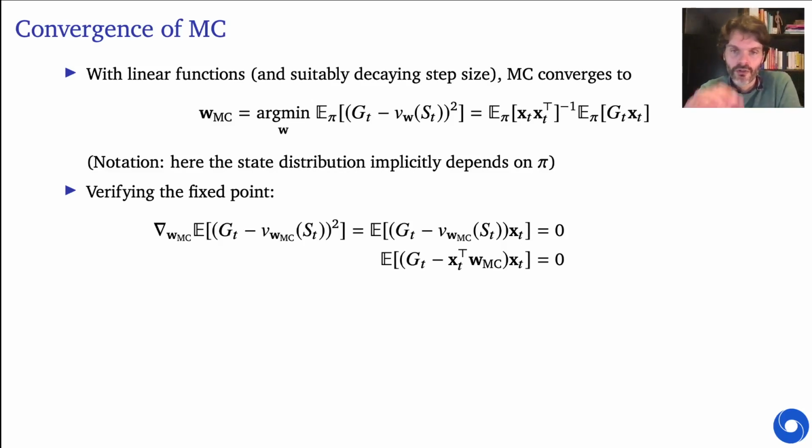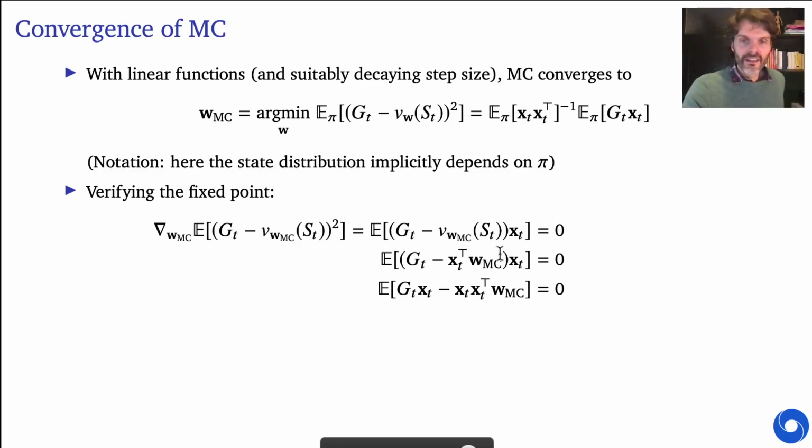So first thing to do is to write out the value estimate explicitly as this linear function that it is. And then we're going to move things around. So first we're going to pull the feature vector inside the brackets. We notice that this inner product times a feature vector can also be written by putting the feature vector in front of this inner product, because this is just a number, right?